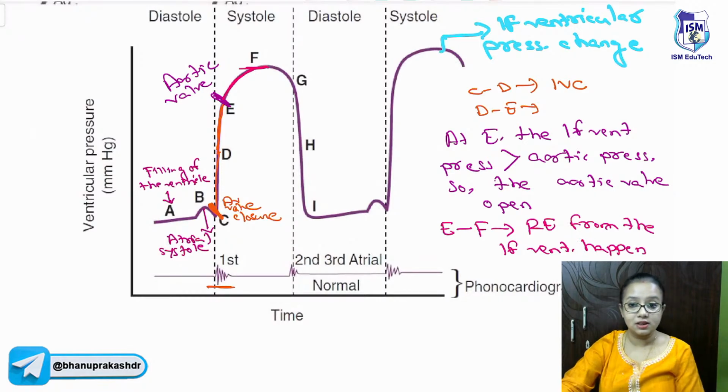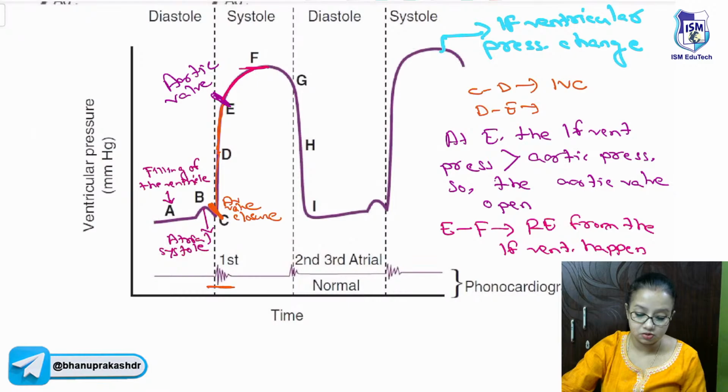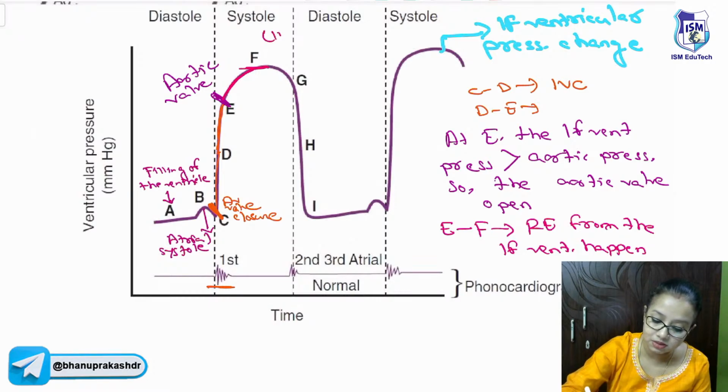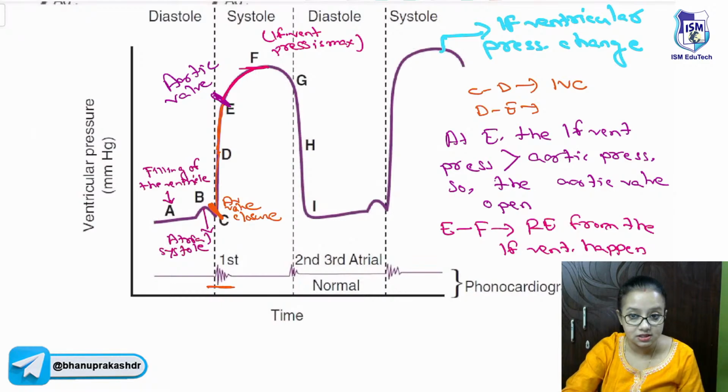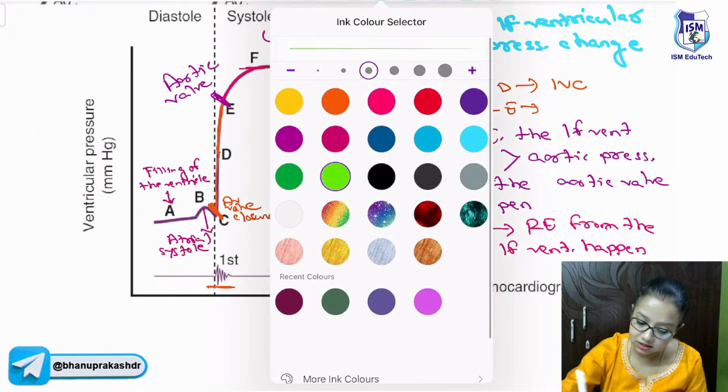It is a rapid ejection of blood from the ventricle. And F is the point when the pressure within the left ventricle is maximum. As soon as it touches the F point, what follows is a gradual decline.